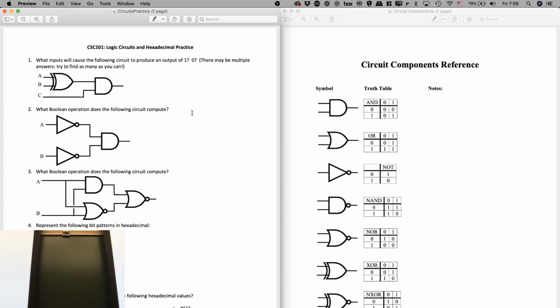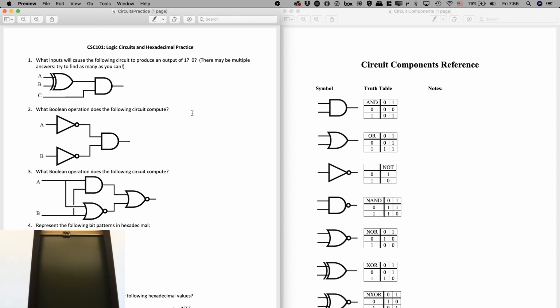So if we start randomly making up circuits that have these components in them, it's possible we could make a circuit that could actually be simplified in some way. For example, I've got this circuit here that has two NOT gates followed by an AND gate.